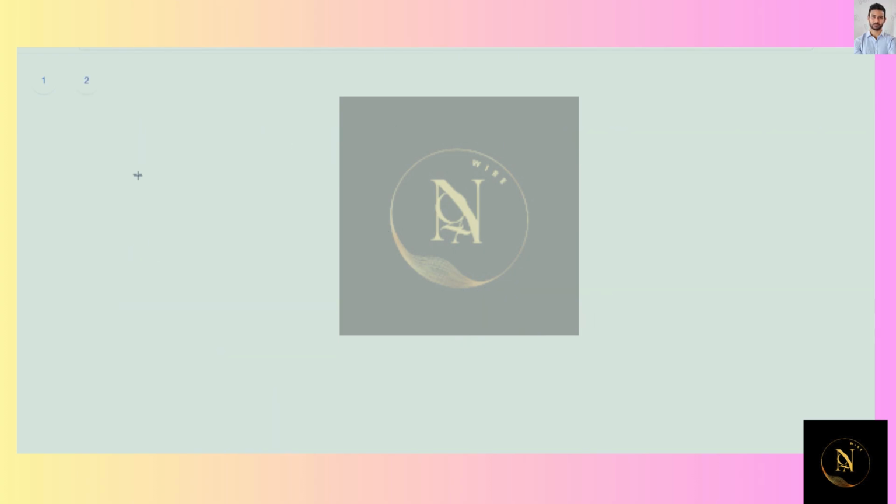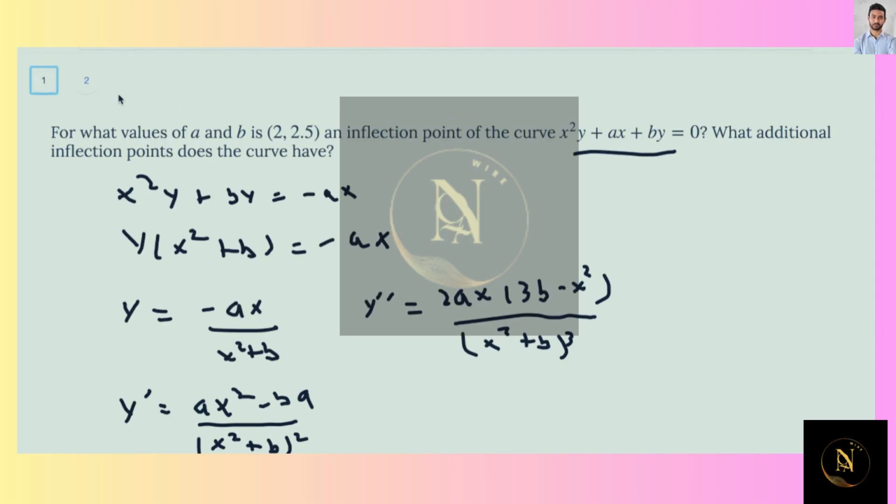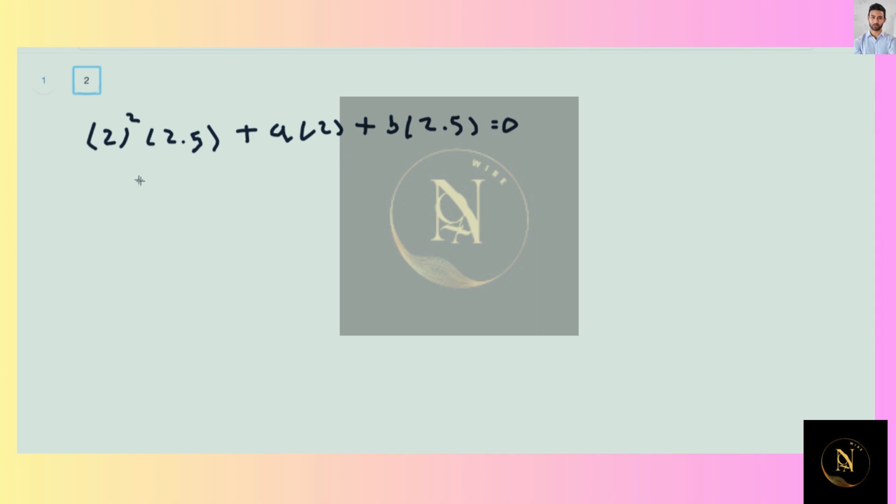This is going to be 2 squared times 2.5, plus a times 2 plus b times 2.5, and this is equal to 0 because that's what the original function is. This comes out to be 4a plus 5b plus 20 is equal to 0.